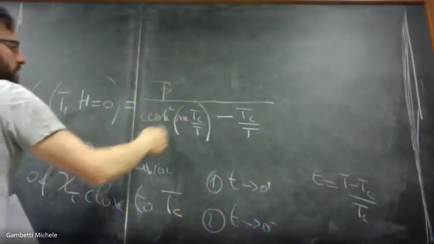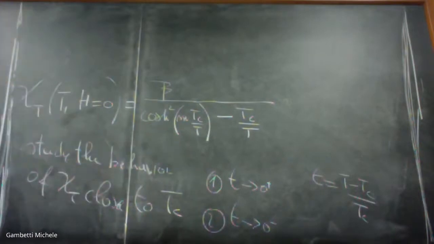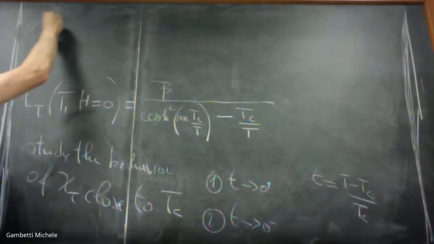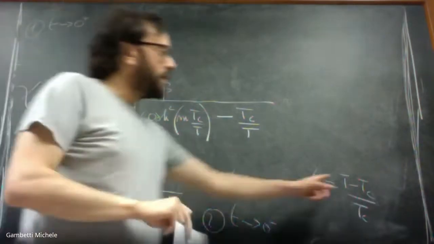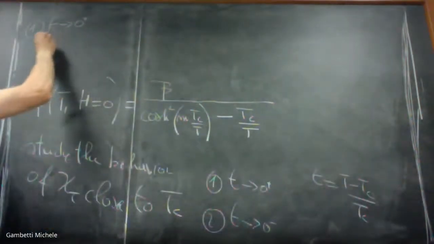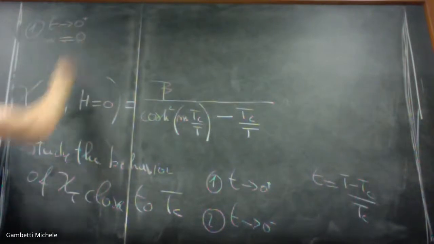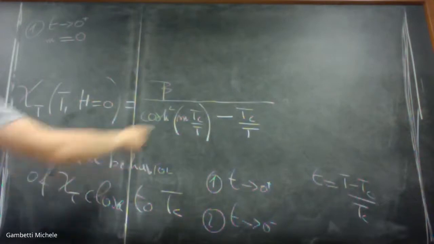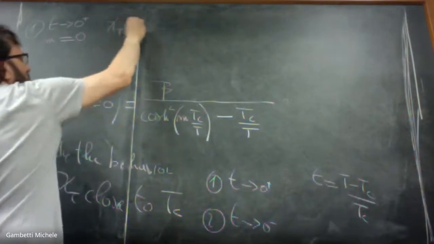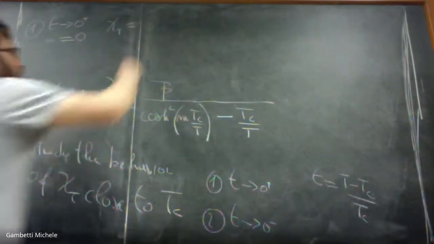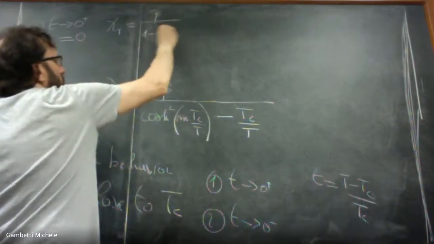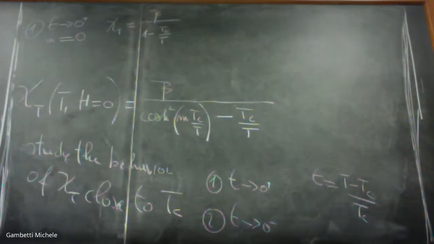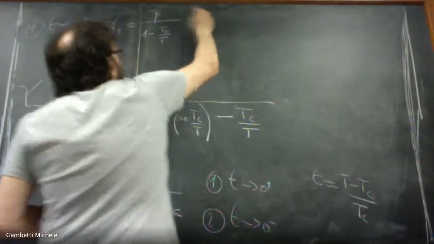So the formula that we need is this one. Now, if t is approaching 0 from above, which means that T is larger than Tc, I know that m is identically equal to 0, and therefore chi of t is just beta divided by 1 minus Tc divided by T, which can be written in a slightly different way.